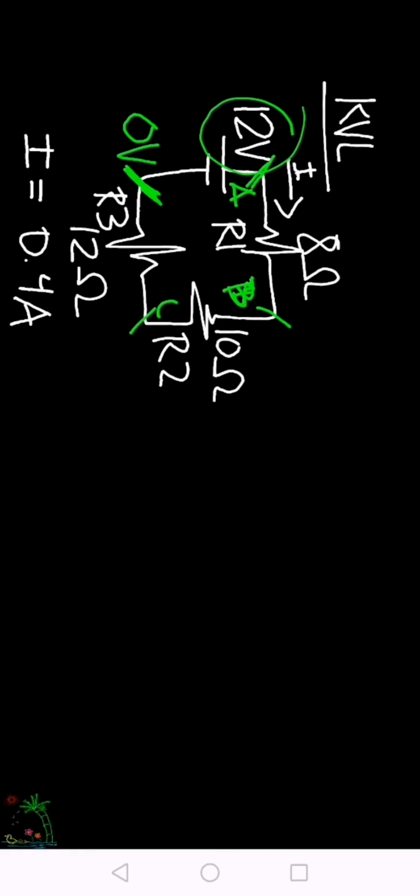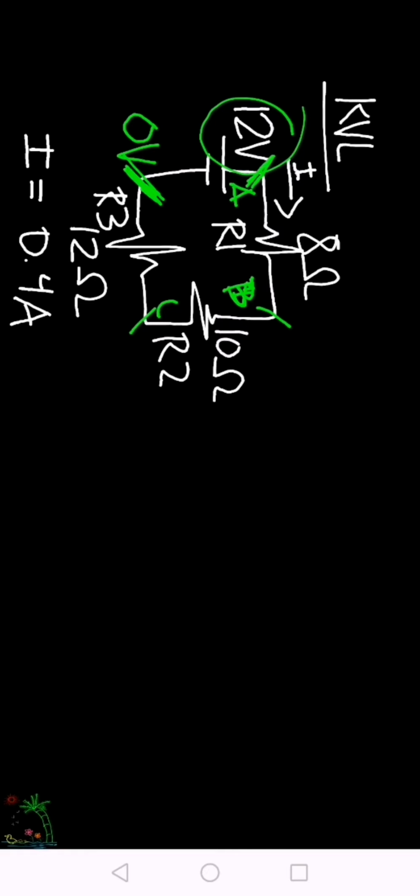Since this is a positive sign, point A has to be higher than this point. So at point A, the potential is 12. So this point A is also 12 volts.